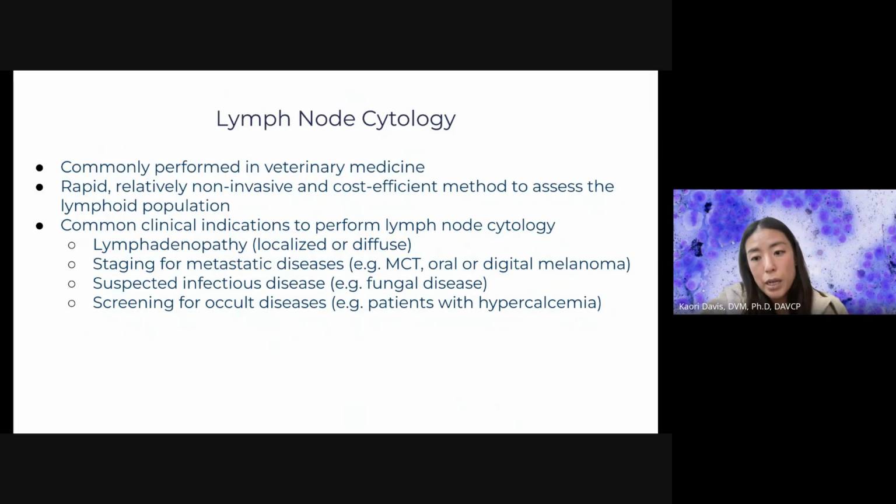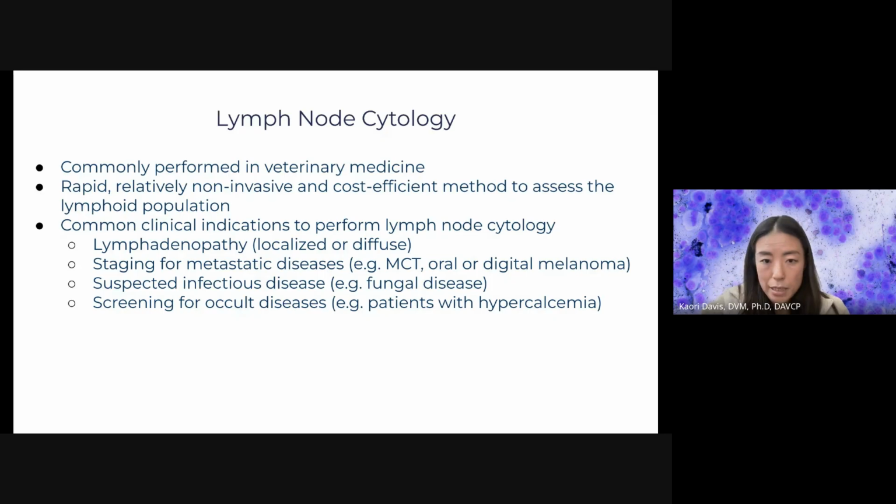Lymphadenopathy, either localized or generalized, is the most straightforward one. But sometimes when patients have certain neoplastic diseases like mast cell tumor or oral or nail bed melanoma, lymph node aspirate is indicated even if there is no local lymph node enlargement.